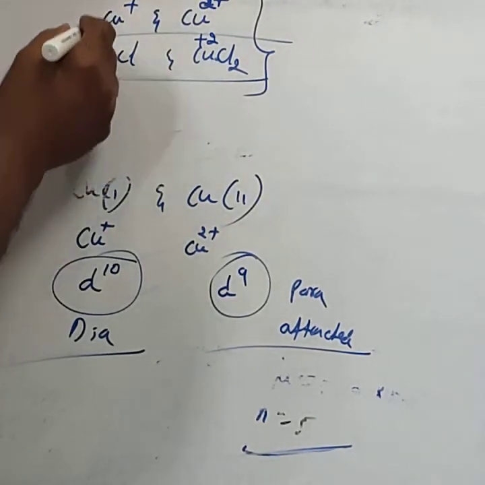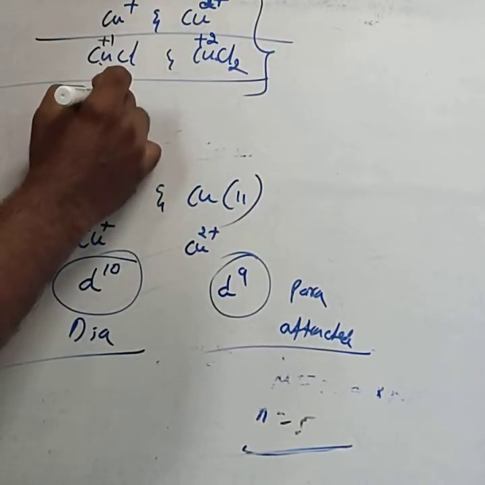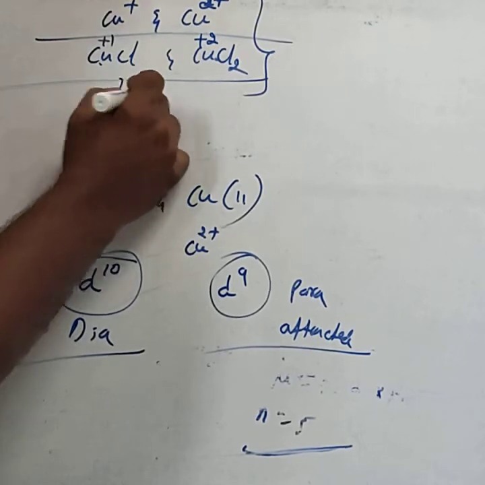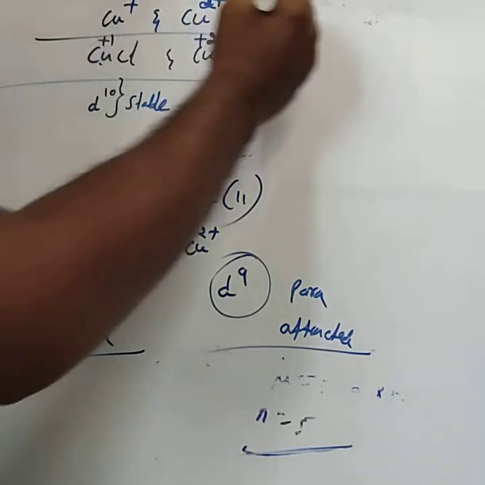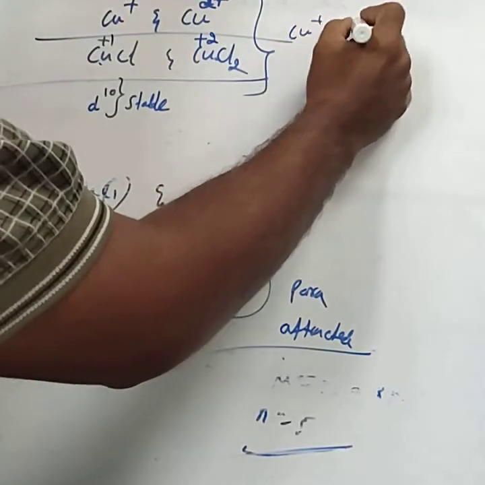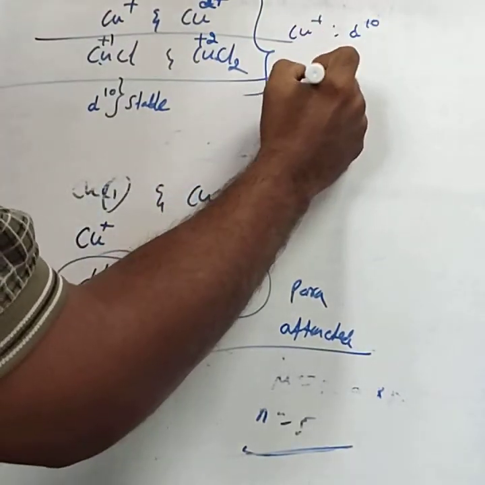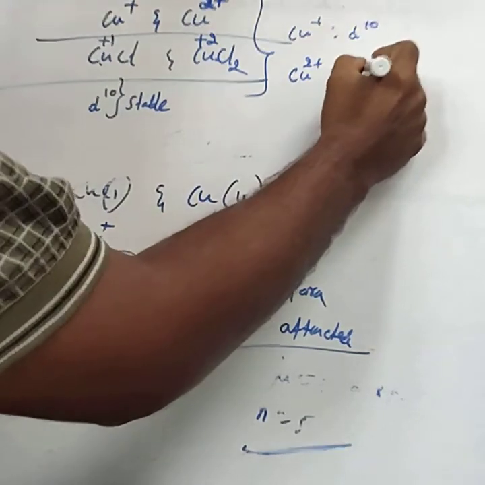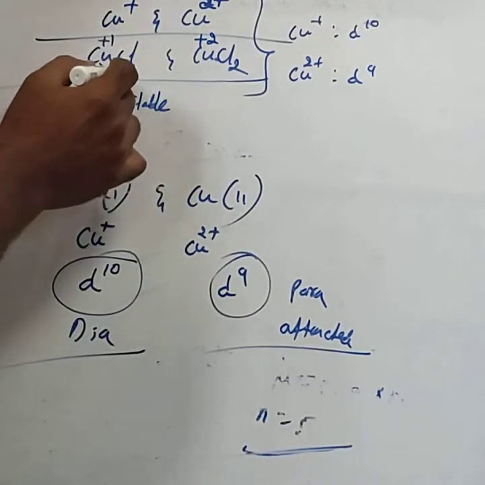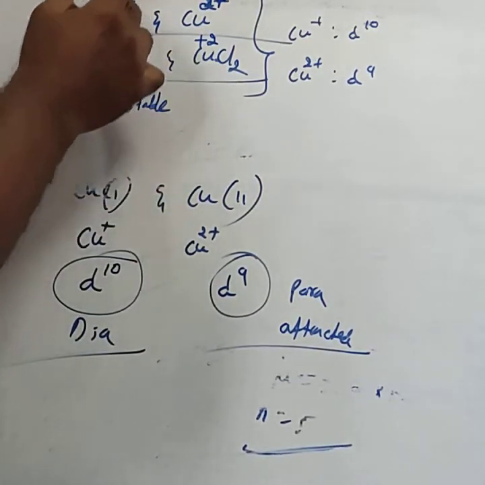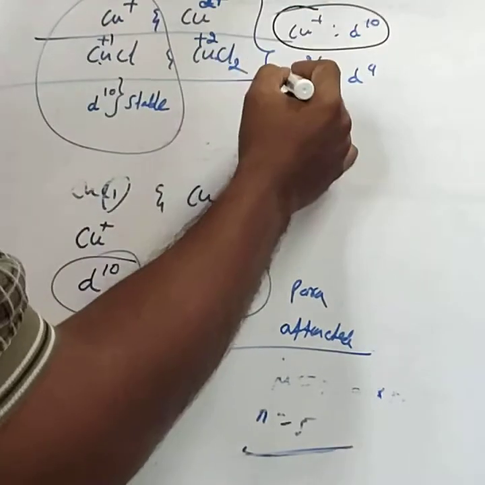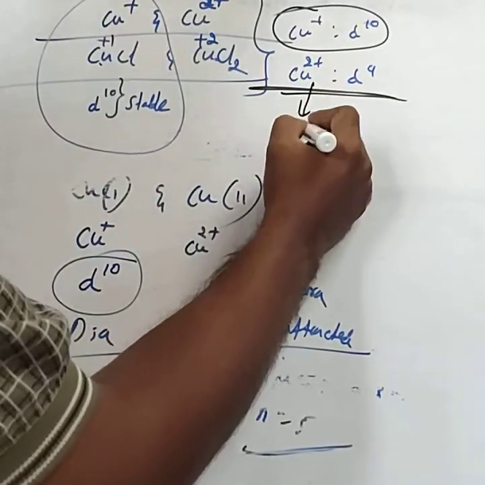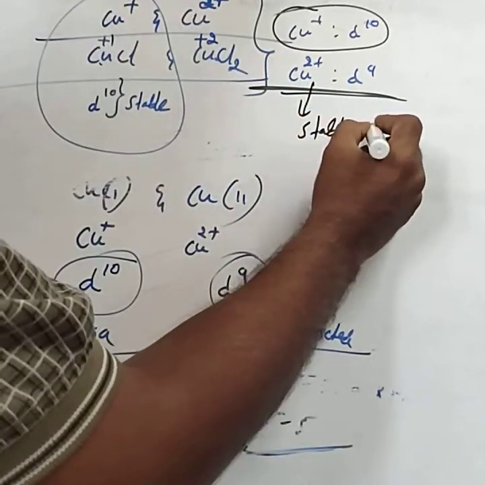Generally, in first year syllabus, it has a d10 configuration. This is said to be more stable in nature. For Cu plus, you can write d10. For Cu2 plus, it has a d9. According to first year syllabus, Cu plus is said to be more stable. But generally, compared to Cu plus, Cu2 plus is more stable in nature.